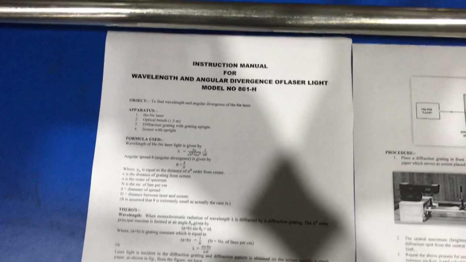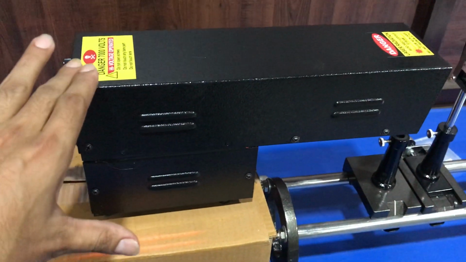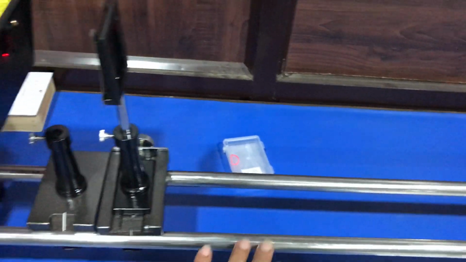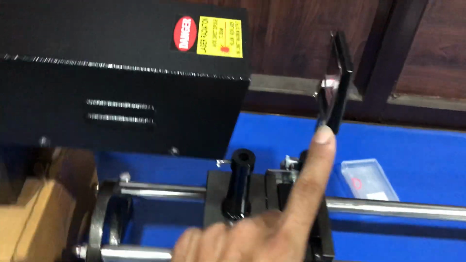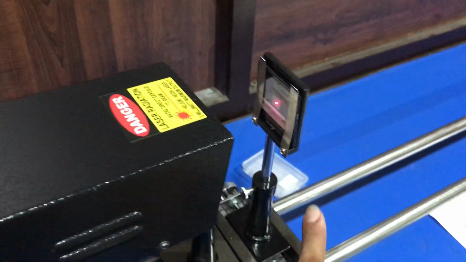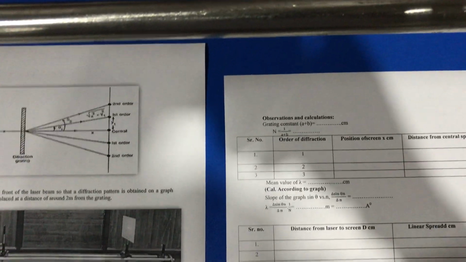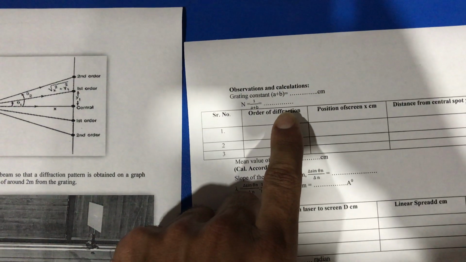In order to perform this experiment, we require a helium neon laser, a four-shaper optical bench, a grating holder with a laser grating, and a white screen.